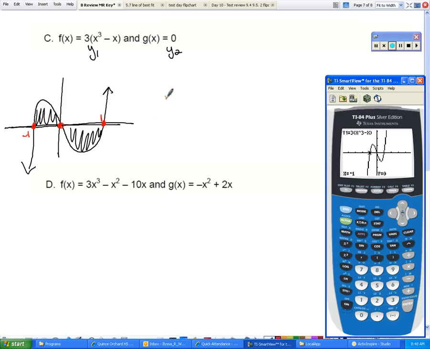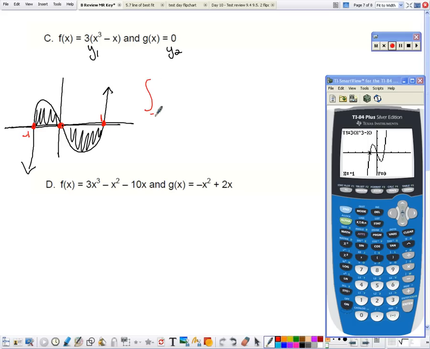So my integral in this case, for this half, y1 is on top. So I'm going to do -1 to 0 of f minus g. But then for the next piece, I'm going to do 0 to 1 of g minus f, because in this case now 0 is on top and the graph is underneath.